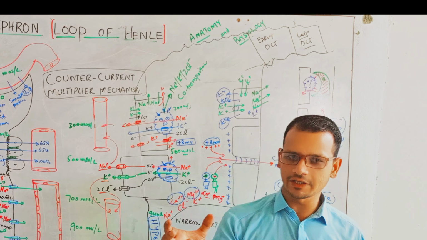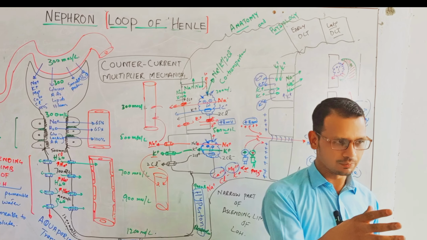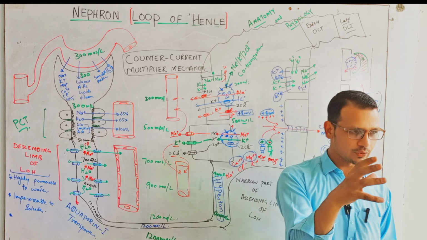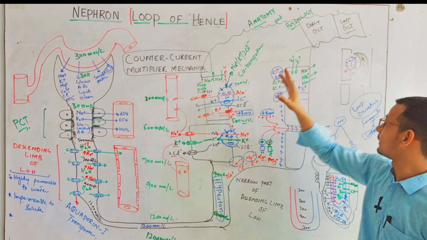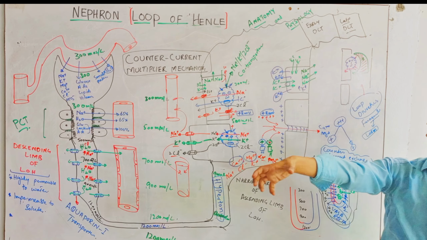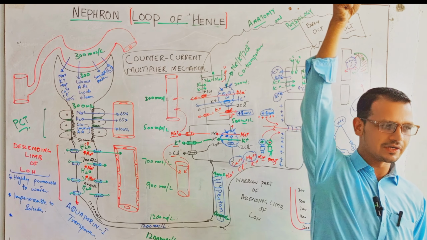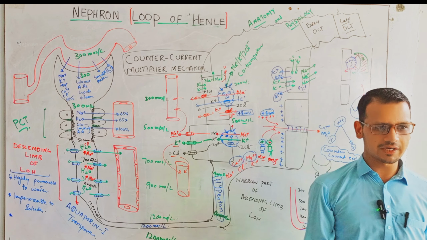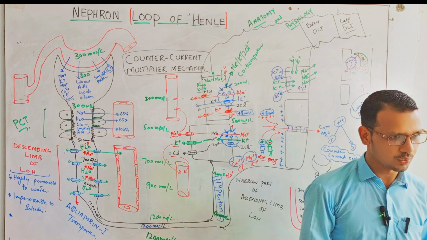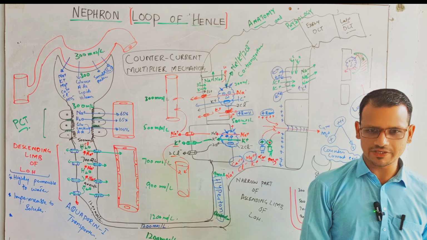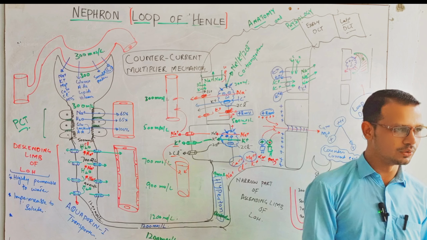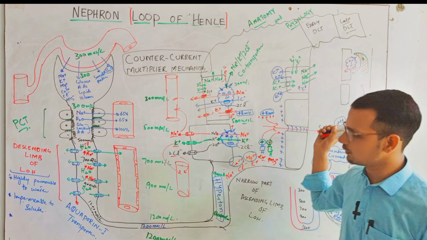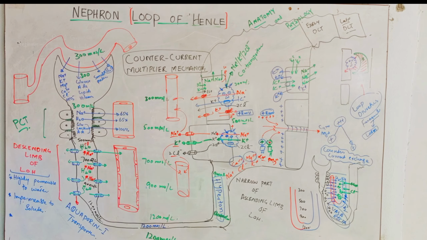It prevents the phosphate from going into blood. And what will be the role of parathyroid hormone in the distal convoluted tubule? It will reabsorb calcium from the distal convoluted tubule. So parathyroid hormone has two functions. One is calcium reabsorption, the second is the inhibition of phosphate into blood, right? So this is all about the loop of Henle. Any question?